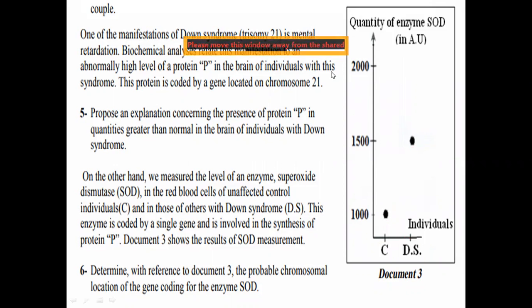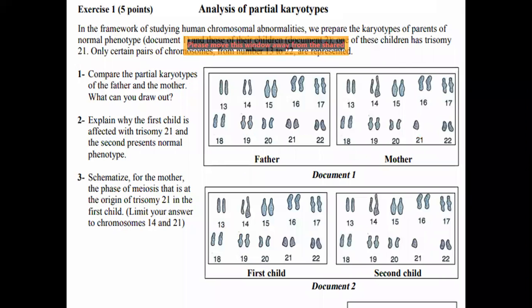So here, let's make a quick revision of what we have taken. We compared the partial karyotypes of the father and the mother. We said the father is normal, while the mother has a normal phenotype but has a Robertsonian translocation, where a copy of chromosome number 21 was translocated to chromosome pair number 14.